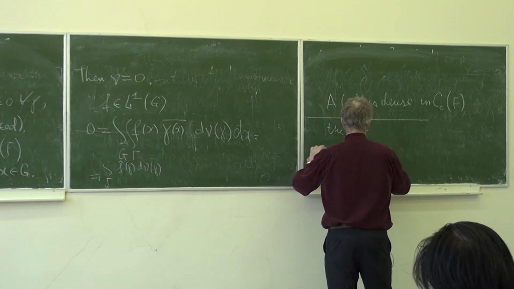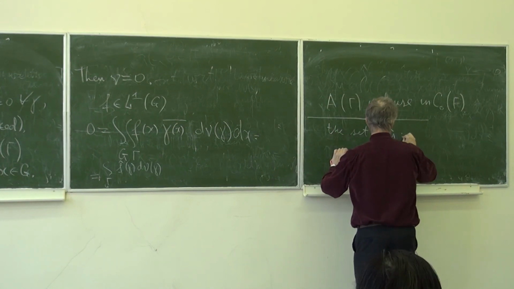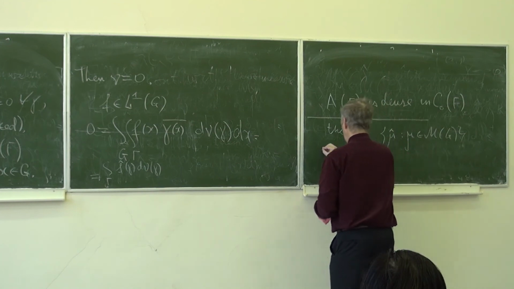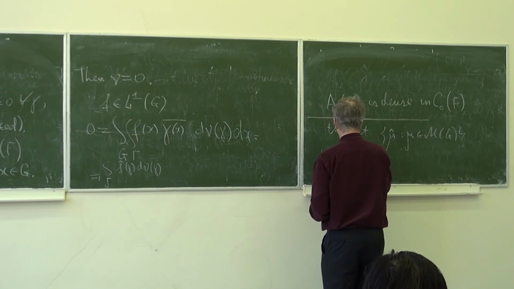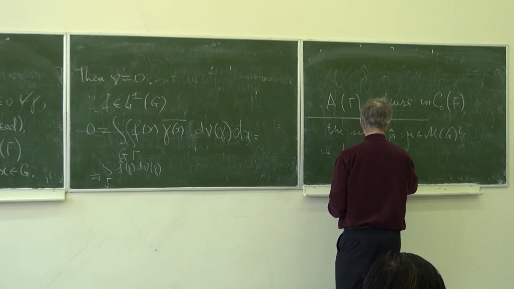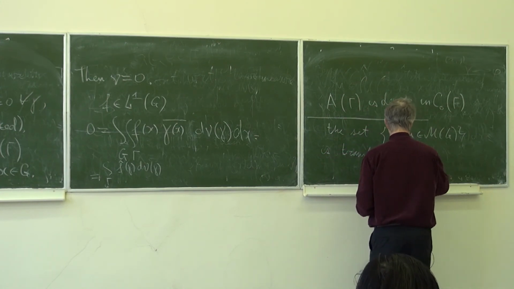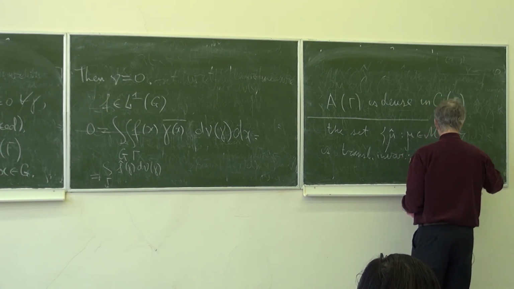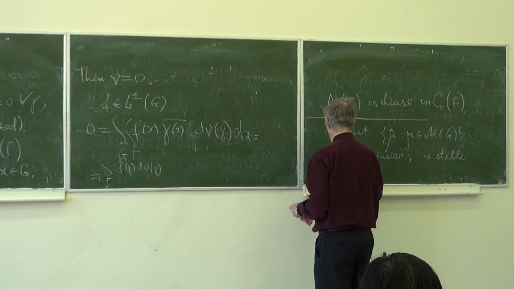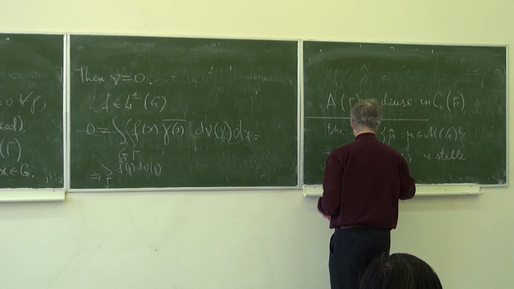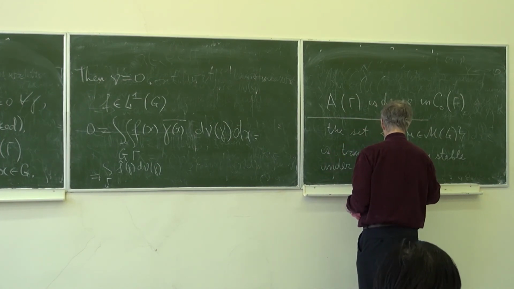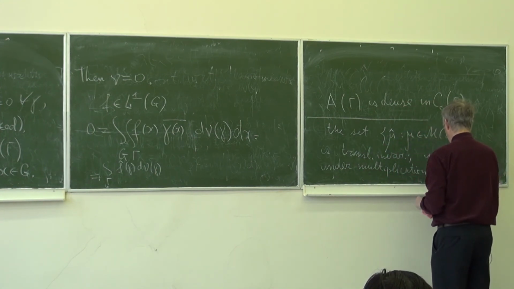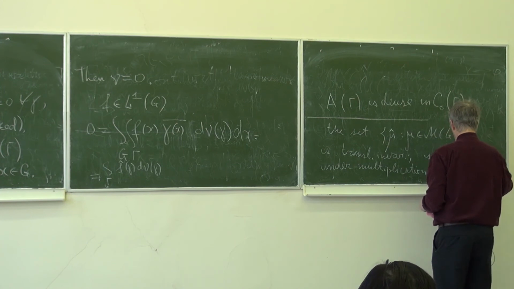The set of Fourier transforms of measures is translation invariant, and it is stable under multiplication by the functions of the form gamma of x.